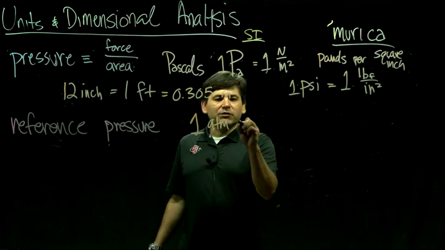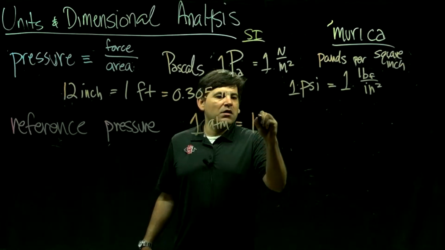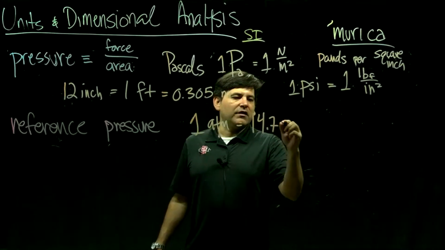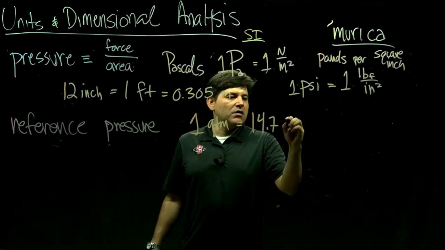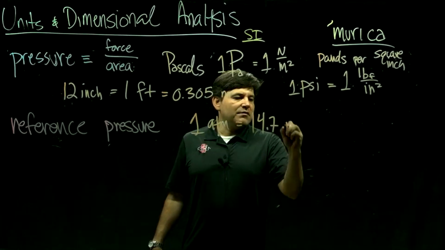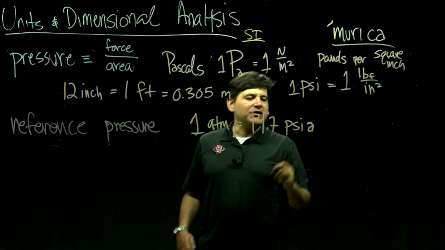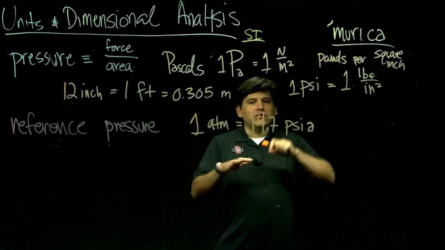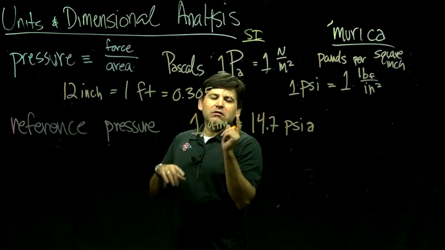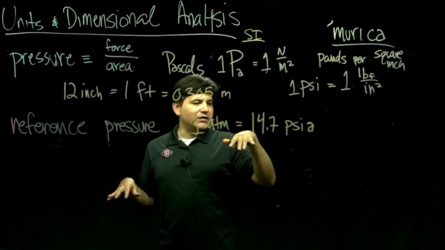And in terms of pounds per square inch, if you are at 1 atmosphere, then you're exerting 14.7 pounds per square inch, and that's absolute pressure. You're not using a manometer or some dial that's 0 at the surroundings.